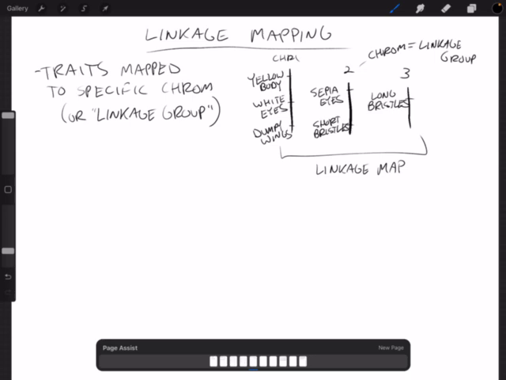Through a series of strategic crosses, which we will go through at depth in a minute, you would be able to say, well, it seems to be linked to the sepia eye genes, because whenever we cross it to the sepia eye mutant, there's a biased pattern of trait distributions, right? And we'd be able to say it's not only linked to sepia eyes, it is roughly a certain genetic distance from sepia eyes, and it's between that and short bristles, right?